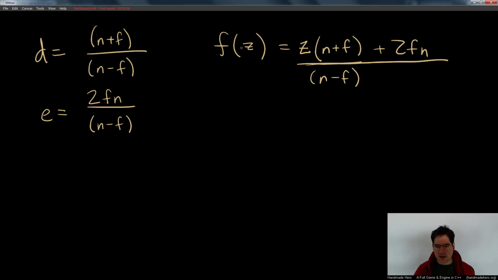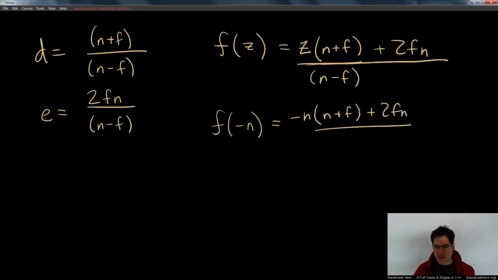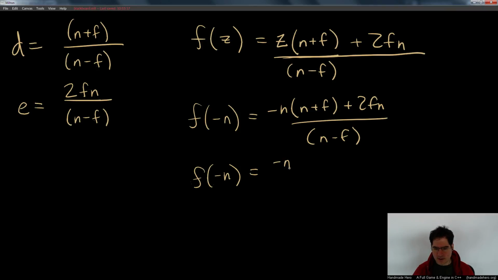So let's take a look at our f of z term here. We're going to plug in f of negative n. That's our near clip plane. So if we take a look at here, we get negative n times n plus f plus 2fn over n minus f. F of negative n equals negative n squared, negative nf plus 2fn over n minus f.